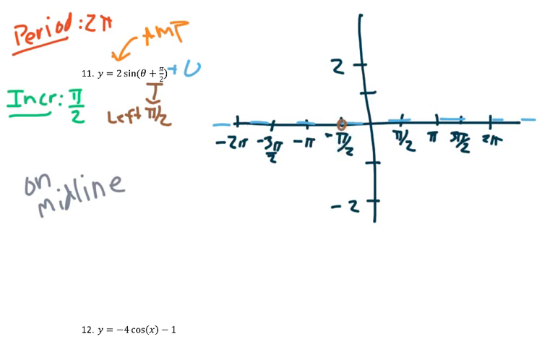So here's going to be our starting point. Now because this is a positive sine, as I move to my next increment, I'm going to go up first. And then we can follow the pattern. If it's at the top, it goes to the middle, and then to the bottom, and then to the middle, and then to the top. And then we can just follow our pattern through.